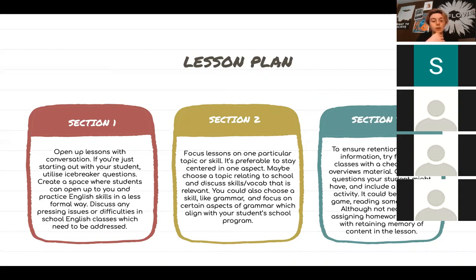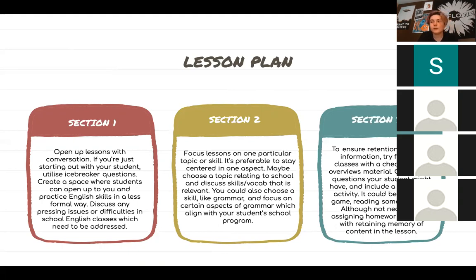Section 2, focus lessons on one particular topic or skill. It's preferable to stay centered in one aspect. Maybe choose a topic relating to school and discuss skills, vocab that is relevant. You could also choose a skill like grammar and focus on certain aspects of grammar, which align with your student's school program.